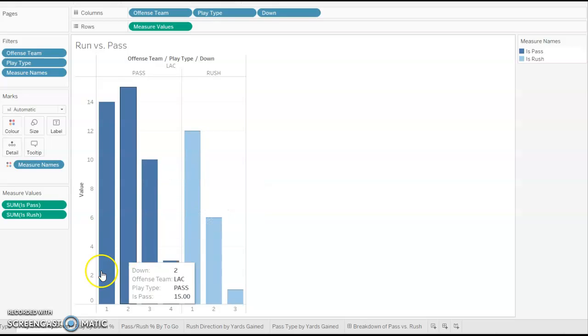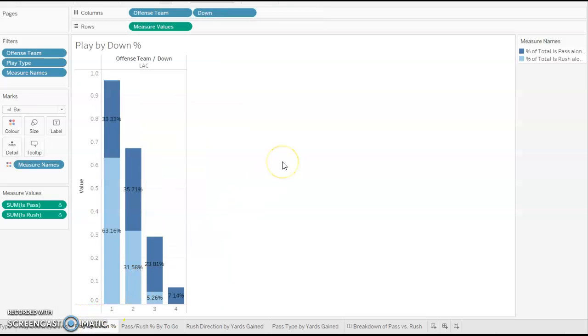Then I had to look at the play selection percentage by down. So if we come over here, this will show you that the Chargers passed the ball 63% of the time on first down, and they ran it 33% of the time.